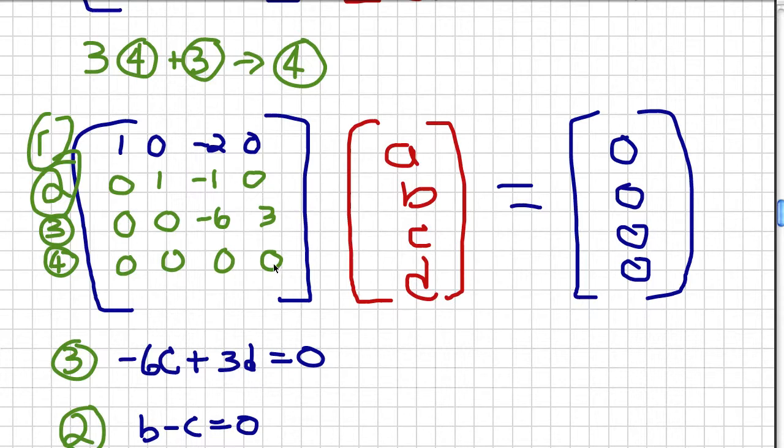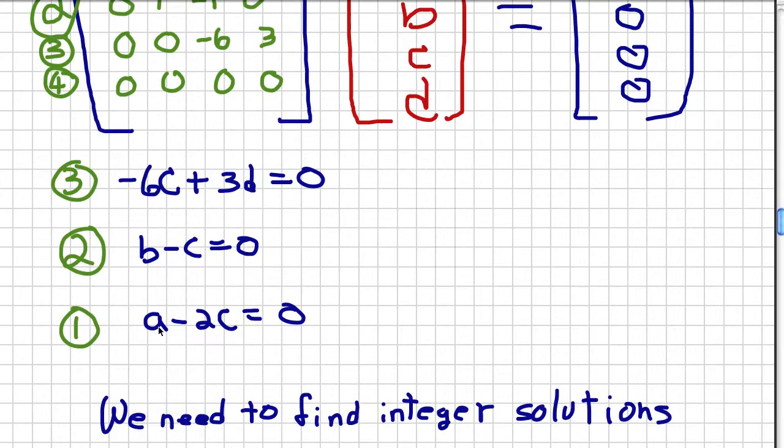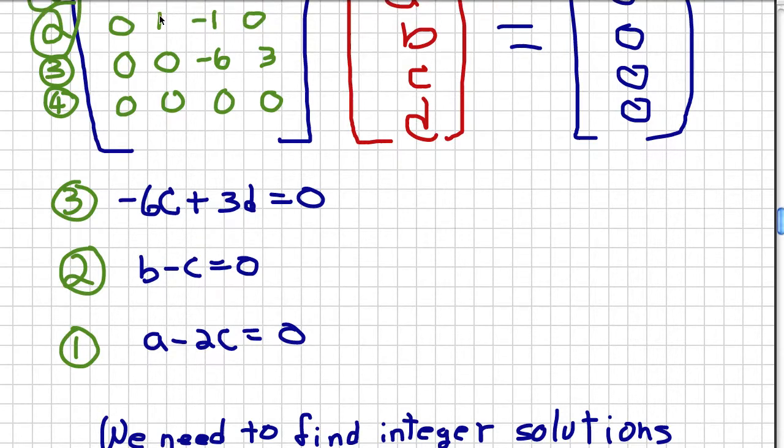So now I look at what I have, and the equations that I have: 1 times A minus 2 times C. That's this equation right here. 1 times A minus 2 times C equals 0. I have B minus C equals 0.